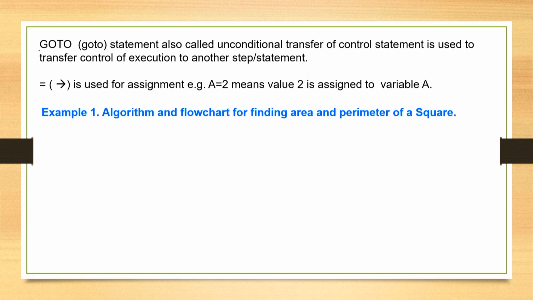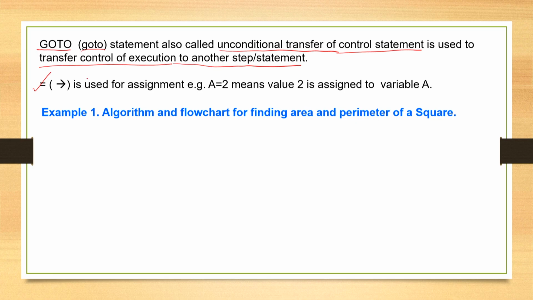Apart from that, we also use this go to. You can write it either in capital or in small. It is an unconditional transfer of control statement, and it is used to transfer control of execution to another step, or you can say statement.